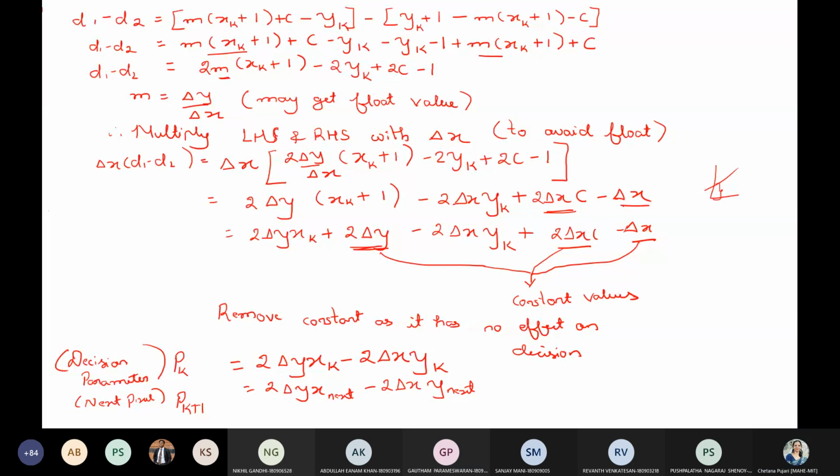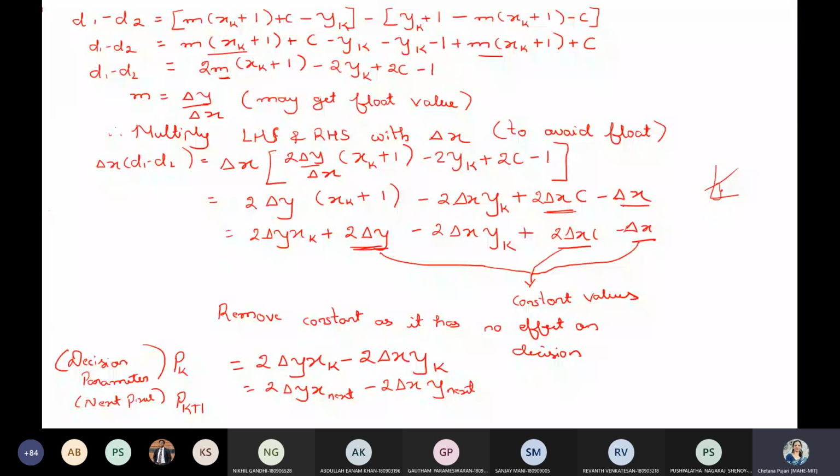Yes, ma'am. So here what we did, we calculated d1 minus d2 in terms of your values xk, yk, and c. We wanted to avoid m because m will give us a fraction, hence you multiplied your LHS and RHS with delta x, and then rewrote the equation. When you write the equation, we found that the difference in y value, the difference in x value are all constant, and c is also constant.